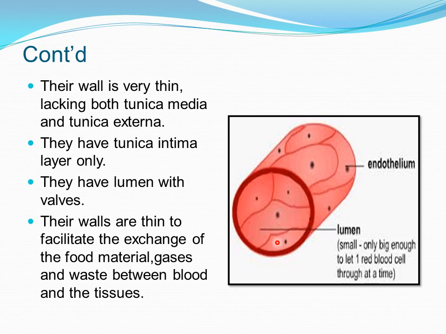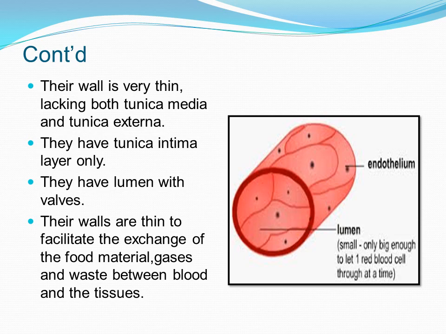But this is not present in the capillaries. It is made up of a very thin endothelial layer, only the tunica intima, or the innermost layer. It is so thin that it facilitates the exchange of food materials, gases and waste between the blood and the tissues. And the lumen is very small, only a single red blood cell can pass through at a time.